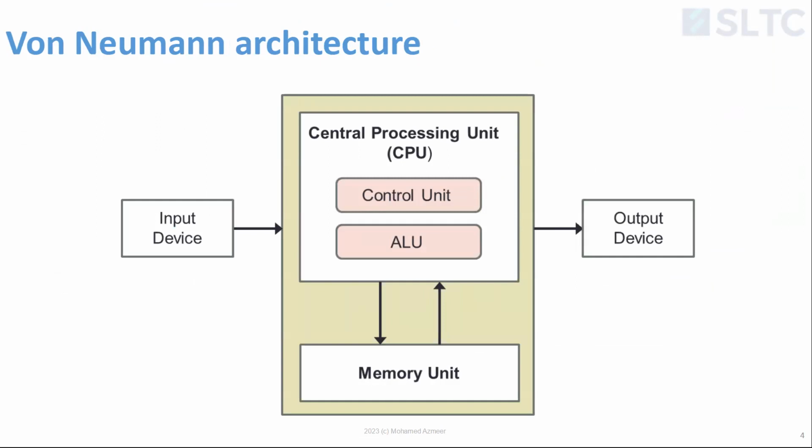Now, to understand how a computer architecture works, if you go back to the history, in the early days, computers were designed for a single purpose. For example, there is one computer designed to calculate the electricity bill. It can only do that.